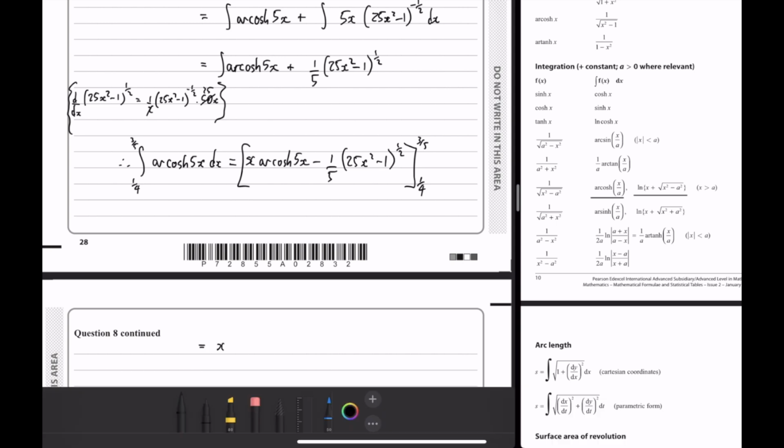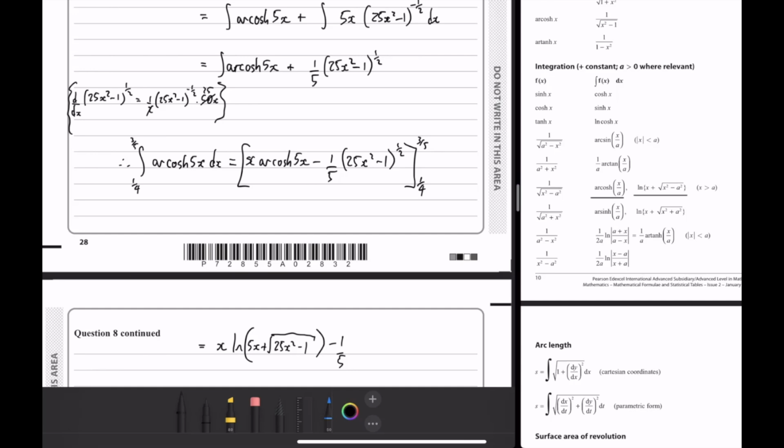So that's x times the log of 5x plus the square root of x squared, so that's 25x squared in this case, minus a squared, which is just 1, and that's all in the log.